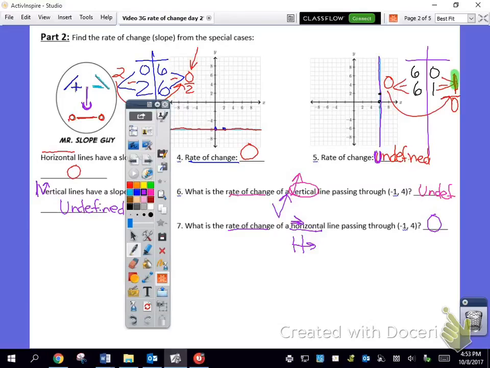They both go through (-1, 4). But if it's a vertical line, it's up and down, and any vertical line is undefined. And then the horizontal line, still going through that same point, has a slope of 0. So they're different. They're not the same thing.